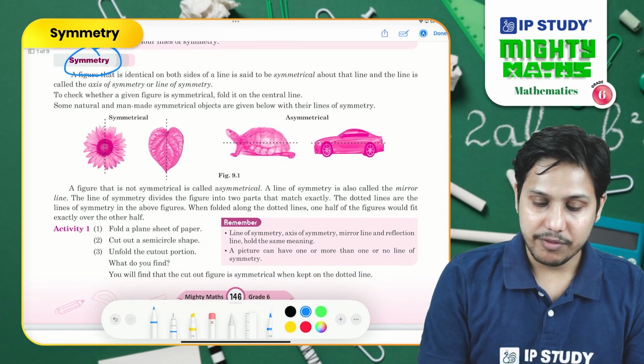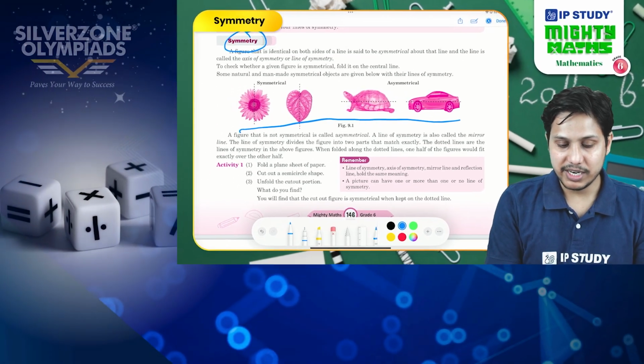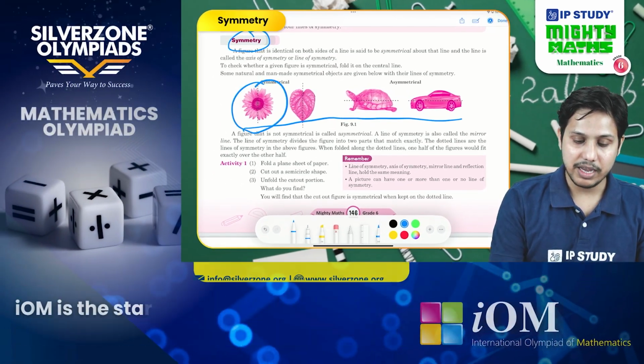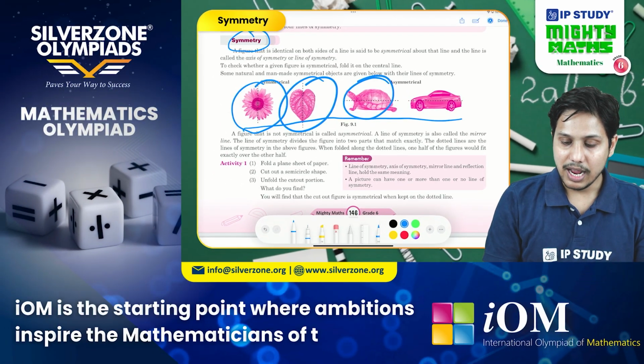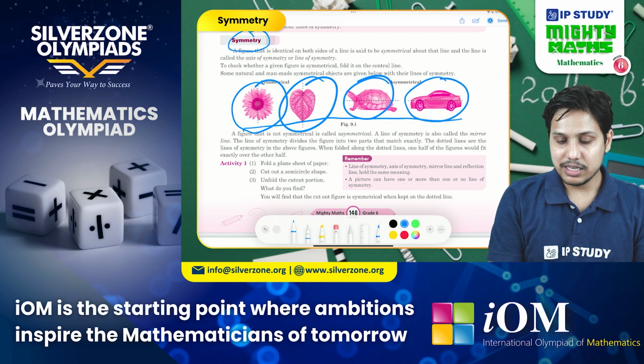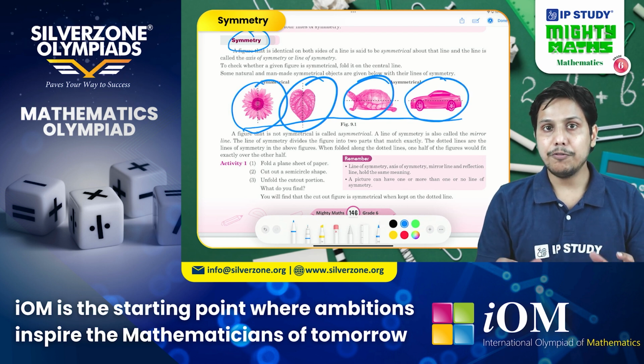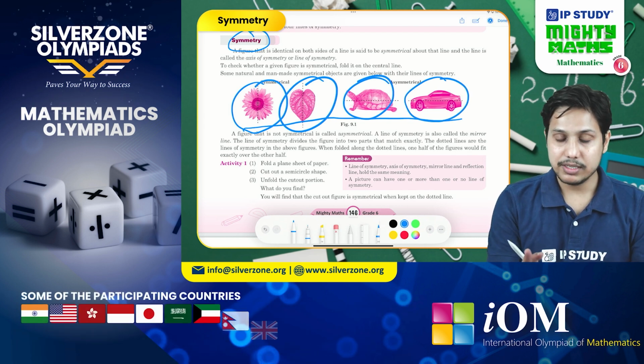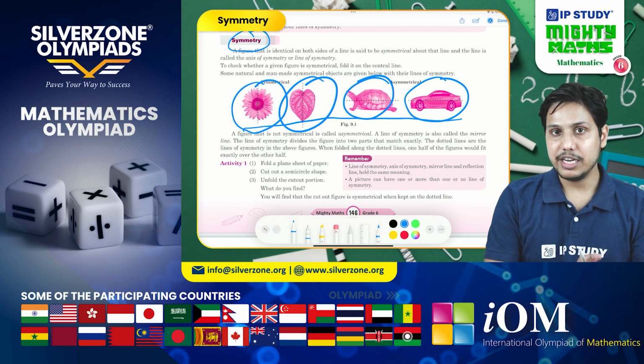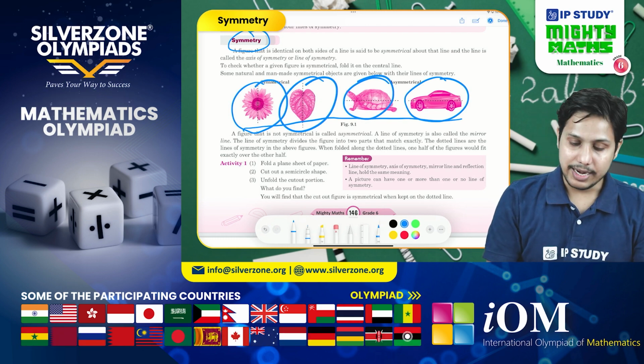Here we have some examples of objects, like a sunflower, a leaf, a tortoise and a car. Some of them can be divided into two equal halves and some cannot.